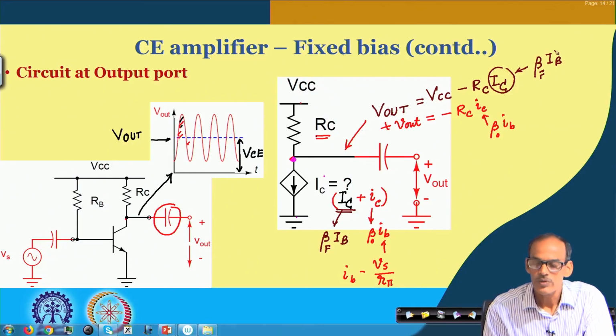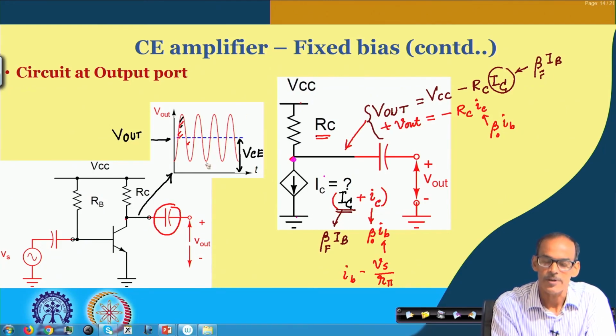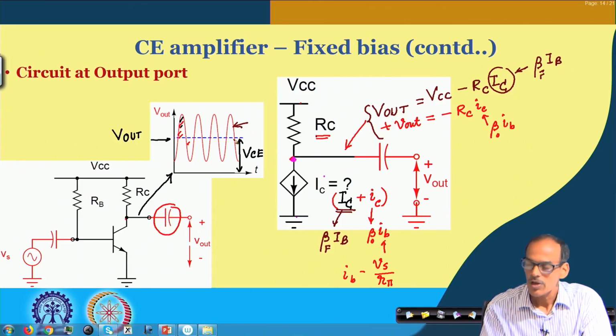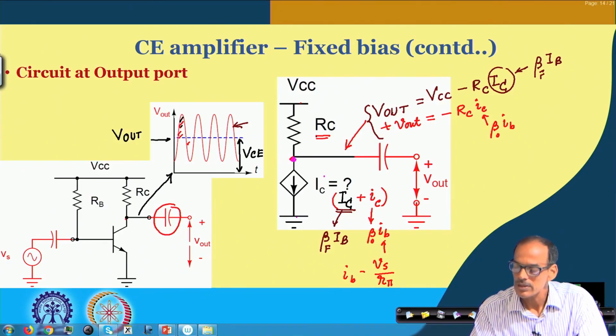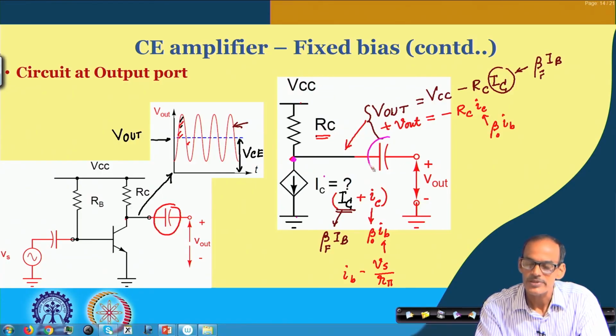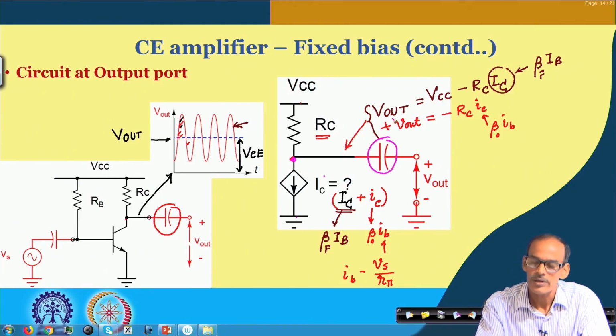Now we have both the DC part and the AC part together, which gives us the instantaneous signal. By placing this capacitor here, we are removing the DC part, and at the output we see only the small signal part.